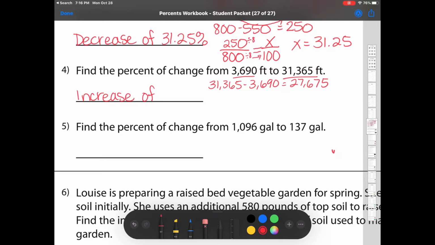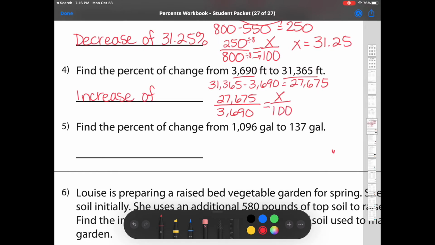Now be careful because when we make our ratio, we need to compare the difference, which is 27,675, compared to the original starting point, which was 3,690. Even though that numerator is way larger than the denominator in this ratio, that's okay. What we want to know is how much of an increase that was based on percentage.